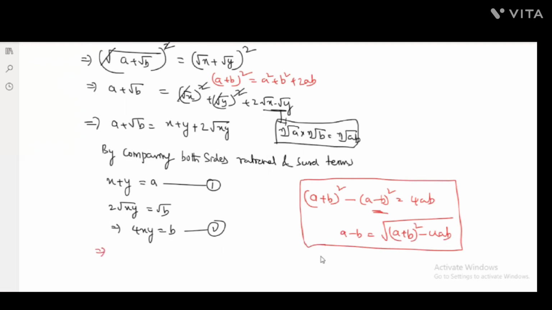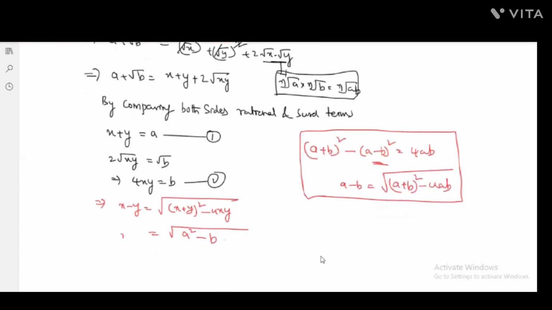According to this formula, I can write x minus y is equal to root over x plus y whole square minus 4xy. Here x plus y is a, so we get root of a square minus b as the x minus y value. Let it be equation 3.